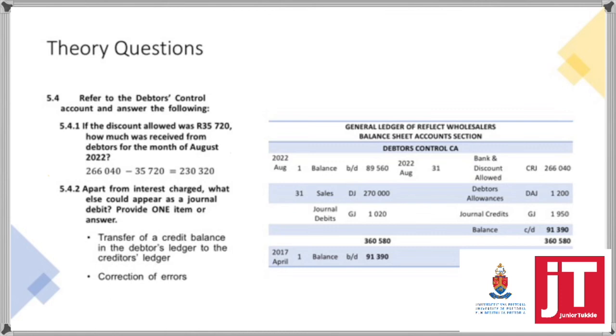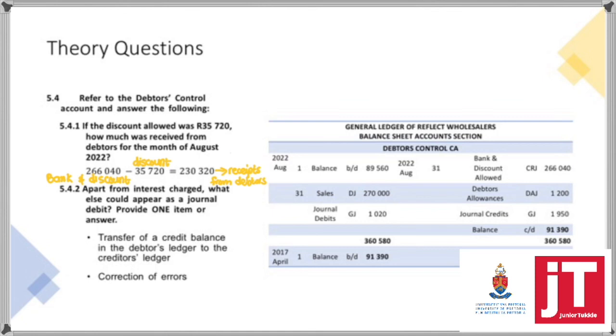So if that is the receipts and the discount in total, all we need to do is minus off the discount they give us. So the 266,000 is bank and discount. Minus off the discount is equal to the receipts from debtors. 230,320 Rand was physically received in cash from the debtors.